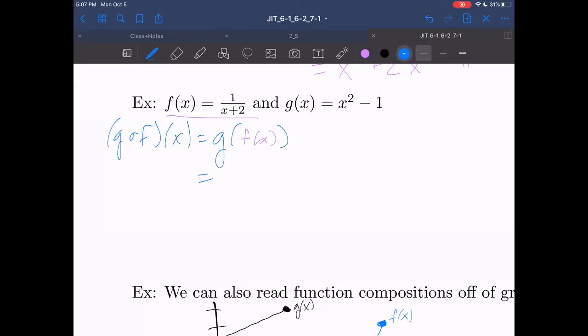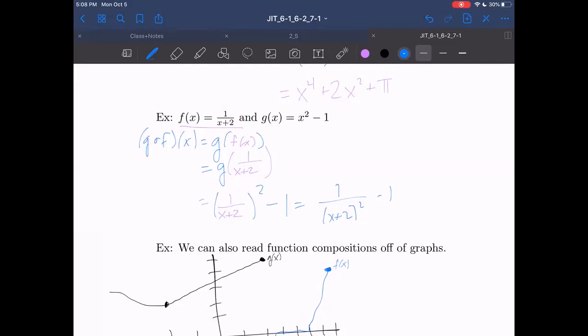So that'll be g of 1 over x plus 2. And then we can simplify that a little bit, not much, but a little bit. So it'll be 1 over x plus 2 squared minus 1.